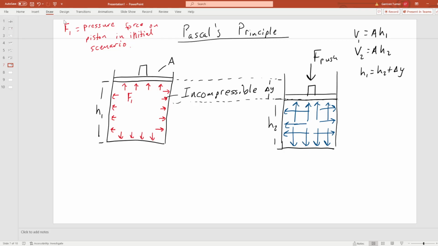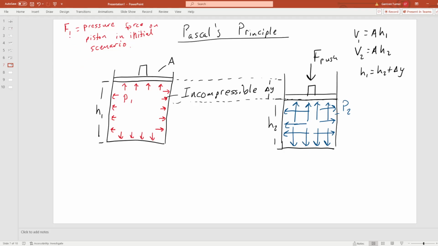So this is F2. Actually, I wanted this to be P. I want this to be P. This is pressure 1.